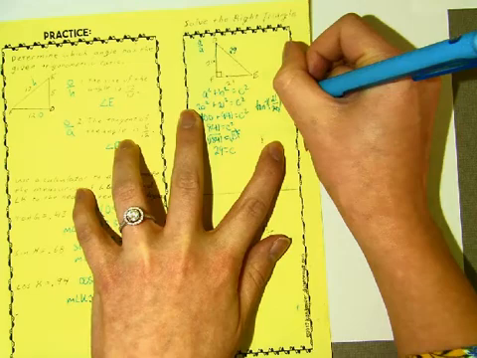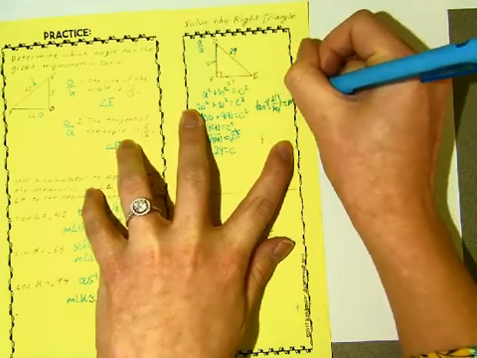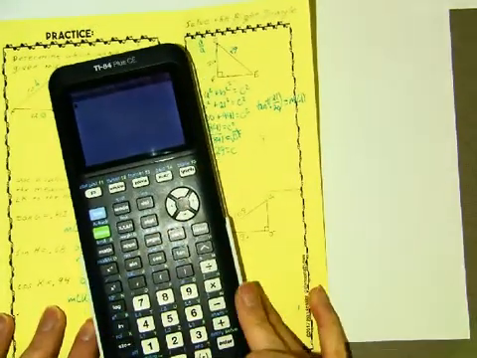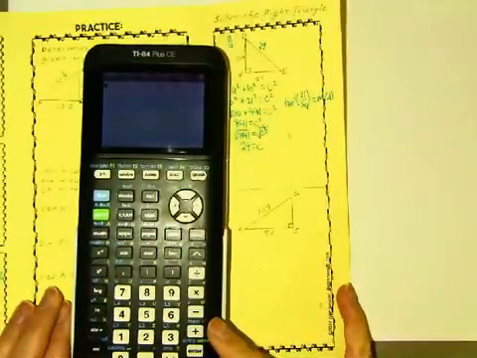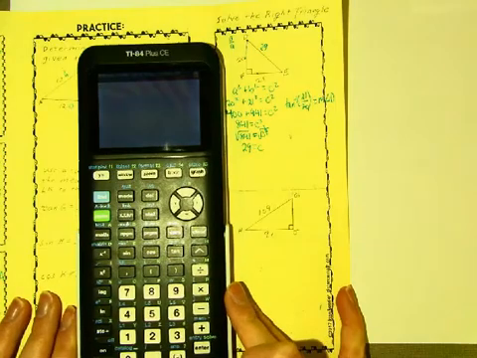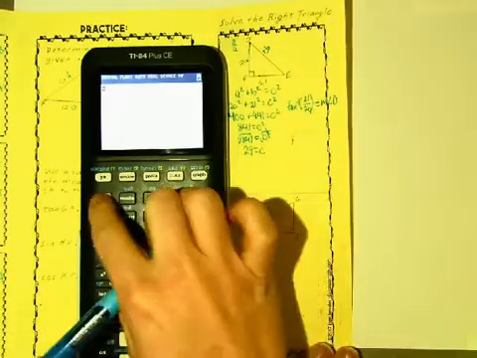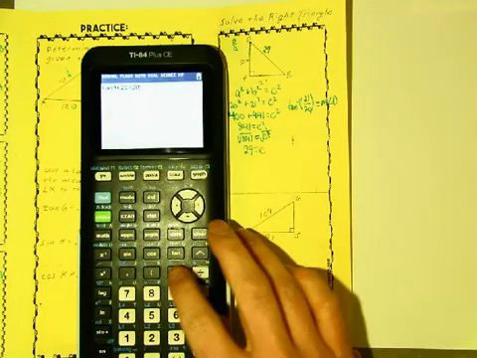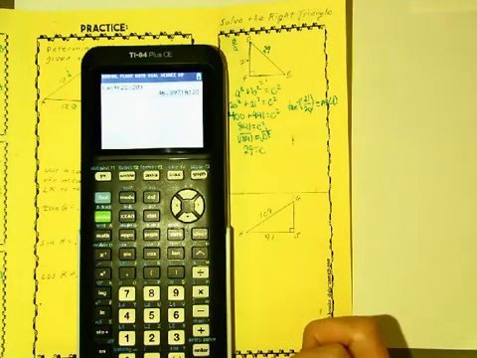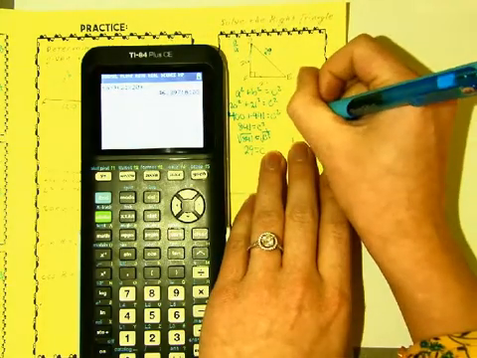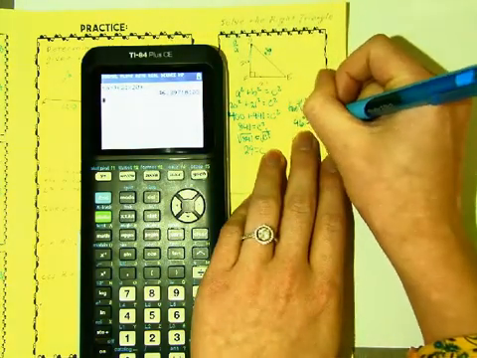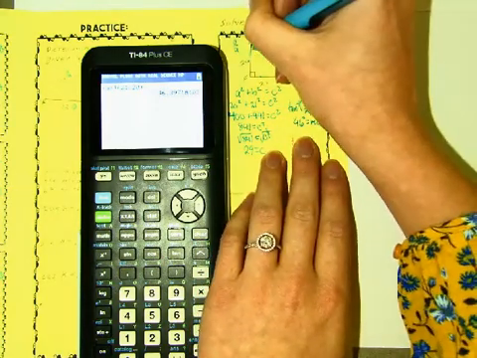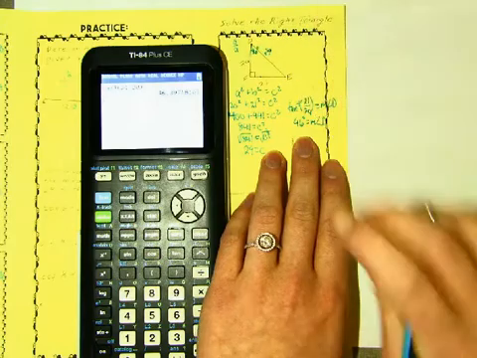That's going to give us the measure of angle D. So again, I'm just going to plug this into my calculator. Second, inverse tangent of 21 over 20. And that gives me about 46 degrees. So I know that angle D is about 46 degrees.